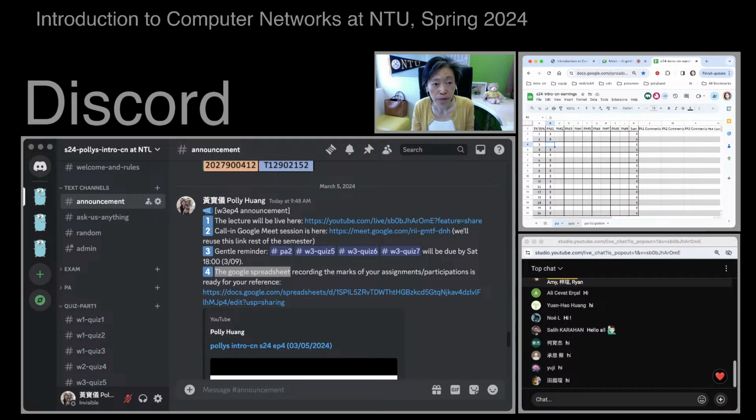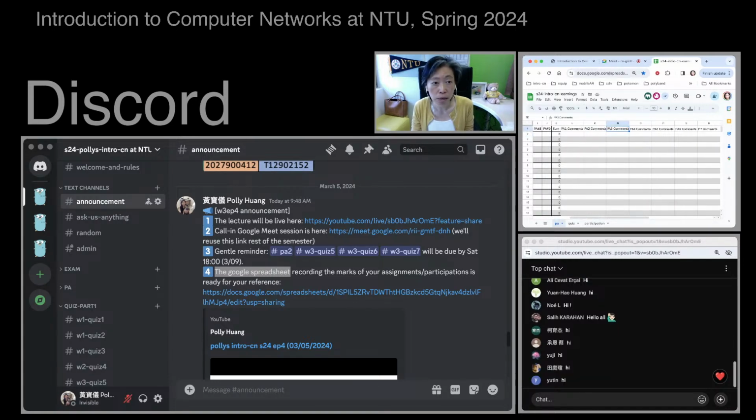This table is straightforward. Sometimes when you receive the PA grades and it's somehow deducted some points, there will be comments from the TA behind. If you scroll to the right, you will see comments for your PA3, comments for your PA4. From here you can tell why you get deducted a certain fraction of the points.